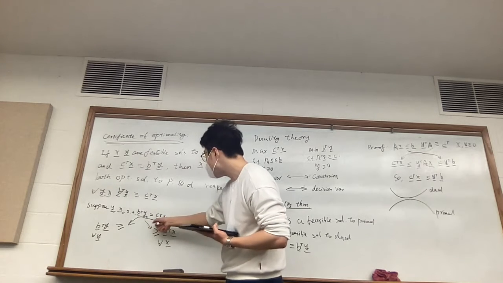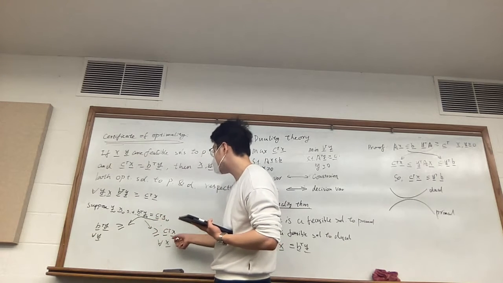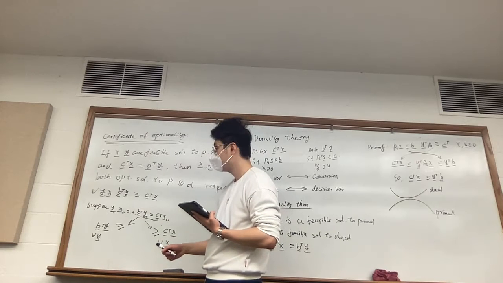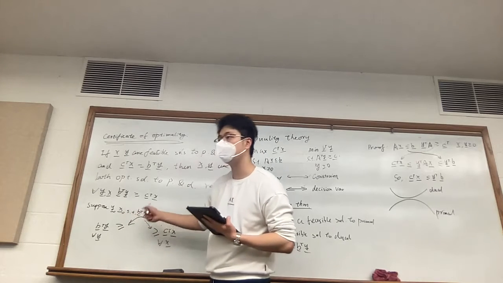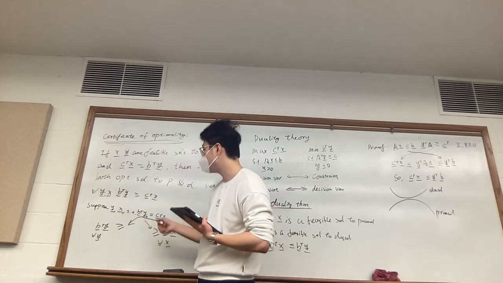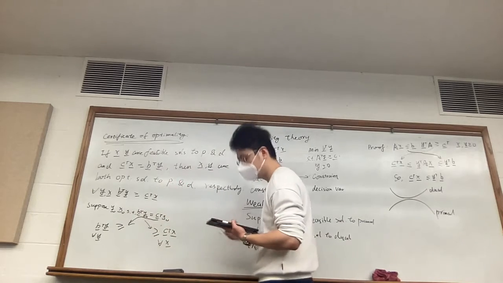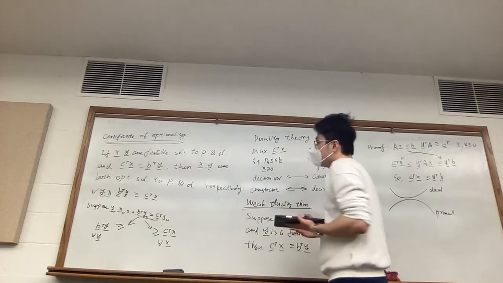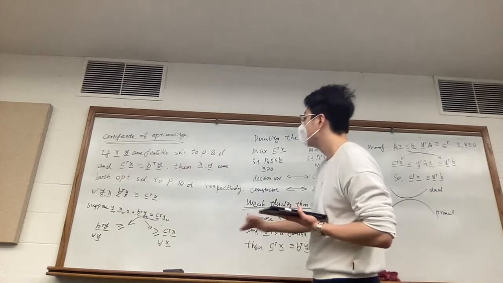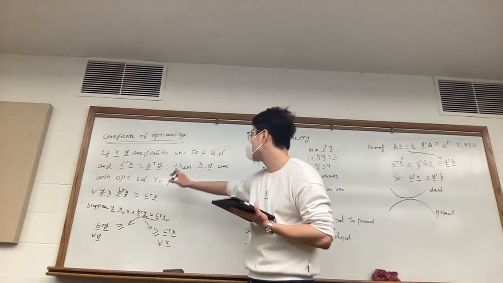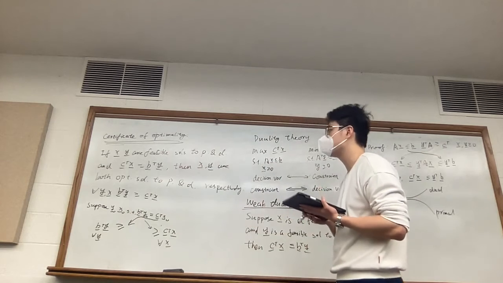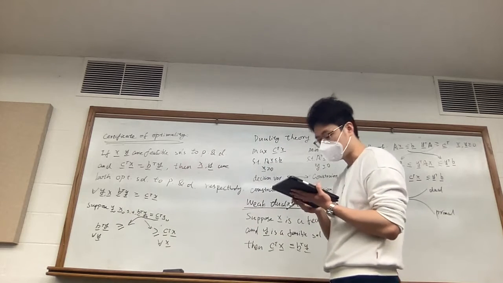That's to say C transpose X0 is greater than or equal to C transpose X for any X. So X0 should be an optimal solution, and Y0 should also be an optimal solution. X0 is the optimal solution to the primal, and Y0 is the optimal solution to the dual. So this is called the certificate of optimality. As long as you can find X and Y so that B transpose Y is equal to C transpose X, you can conclude that they are both optimal solutions to the primal and dual. Okay.